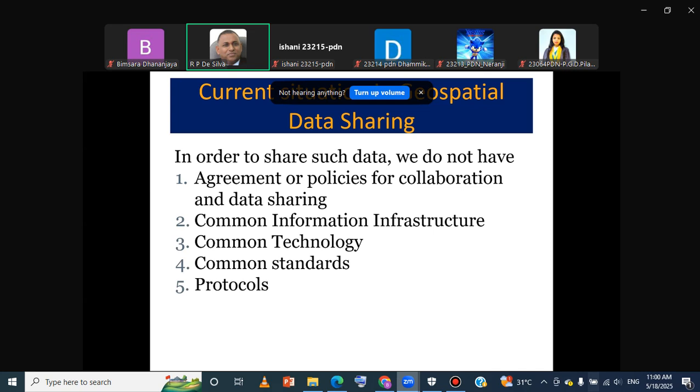So technological advancement should push the standards forward. That will help to have a higher level of standards and also protocols. What is recorded, what is monitored, what is transmitted need to have standard protocols.